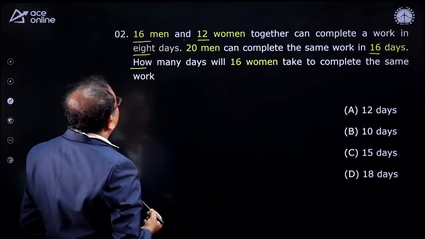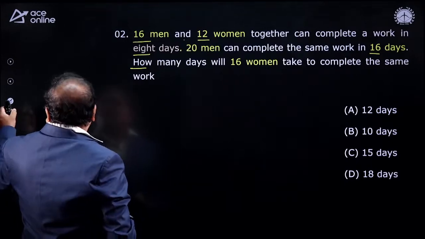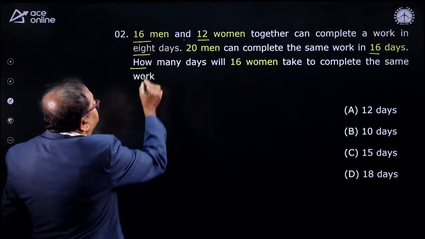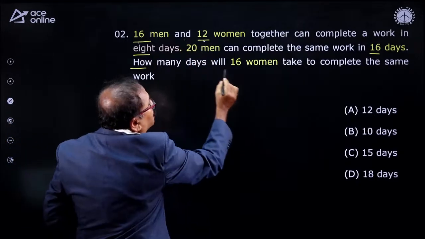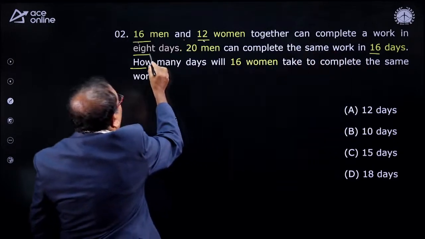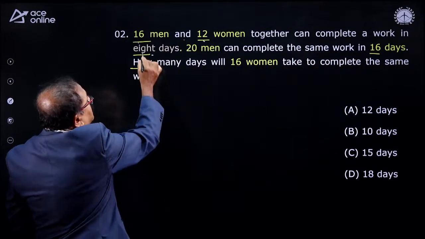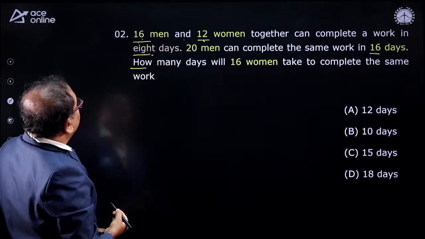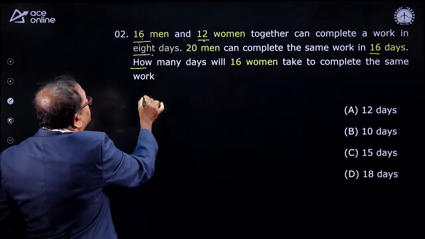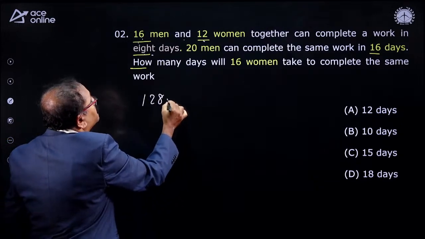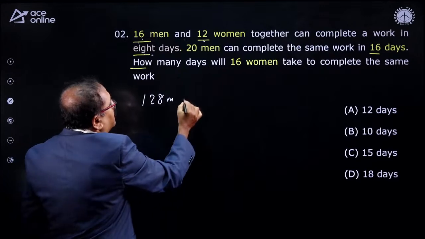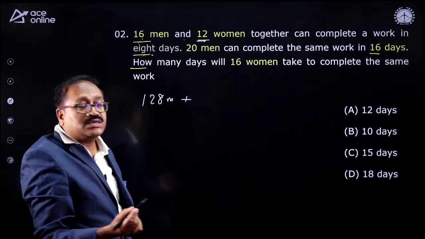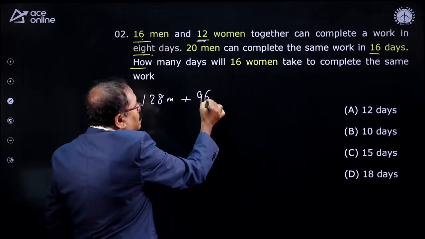Let me give you the structure here. 16 men and 12 women in 8 days. So that means 8 into 16, that comes to 128 men, plus 8 into 12, that is 96 women.